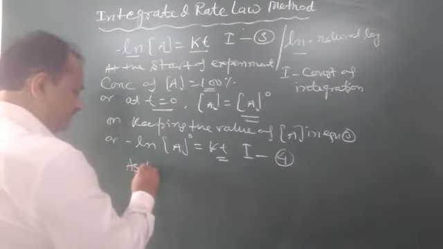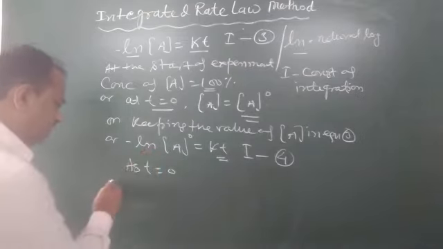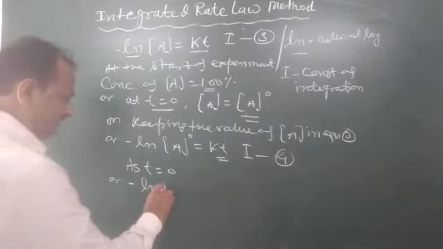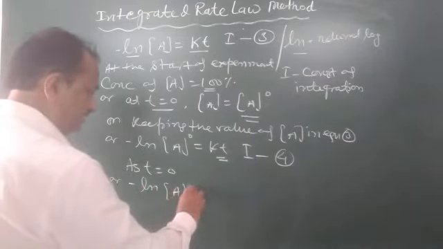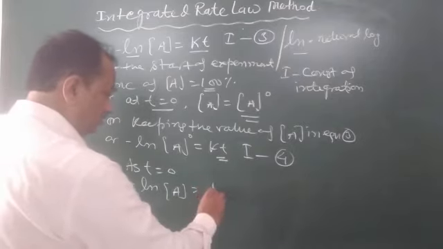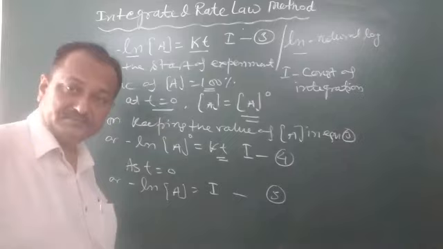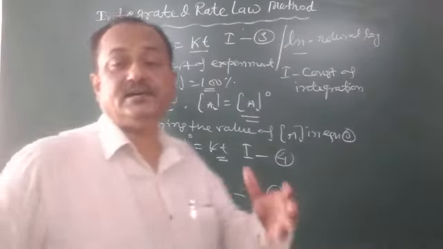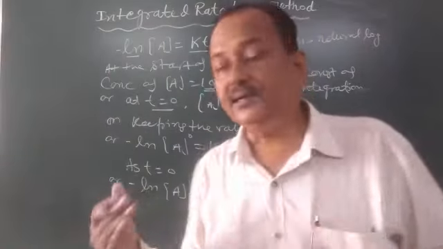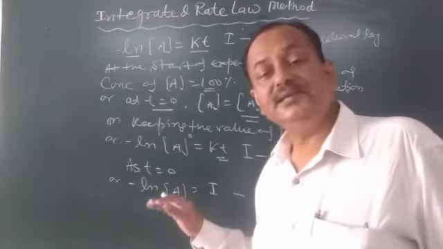Here, as t is equal to 0, the kt term becomes 0, so minus ln A naught will become equal to I. So this is equation number 5. Children, this is the progression of the differentiation and integration.